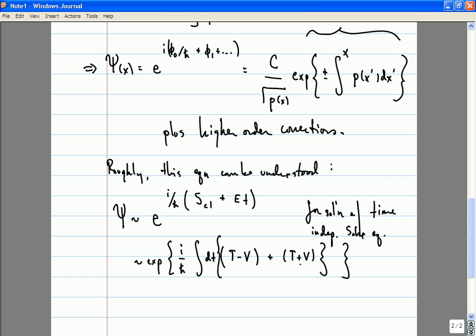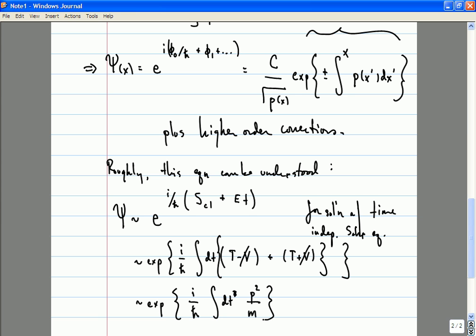So the potential energies in this expression cancel, and using the fact that T is equal to p squared over 2m, this is going to be the integral dt of p squared over m.